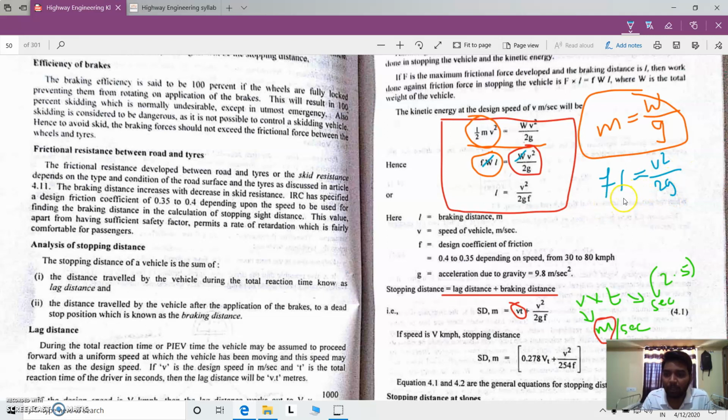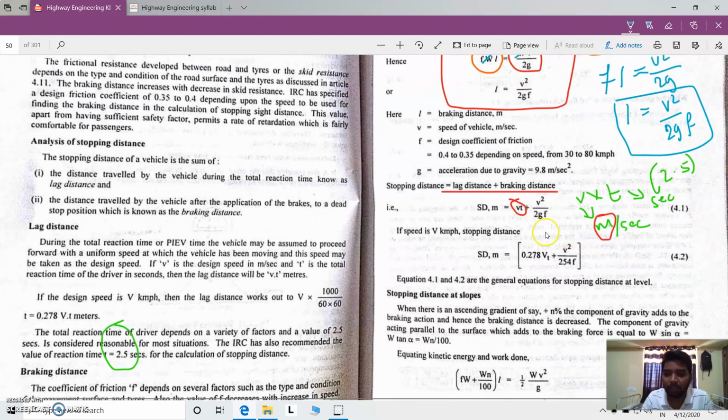So we can get L, the distance traveled during the braking action, that is V square by 2GF.